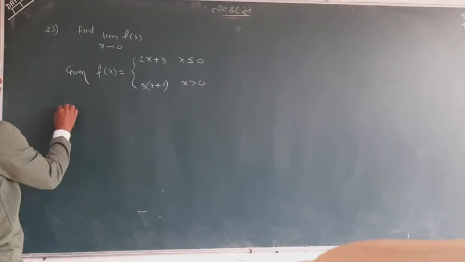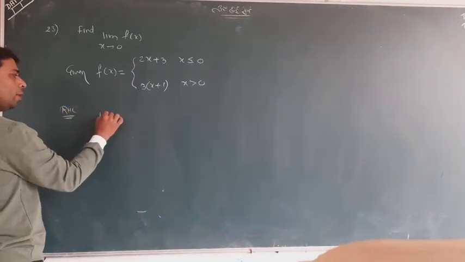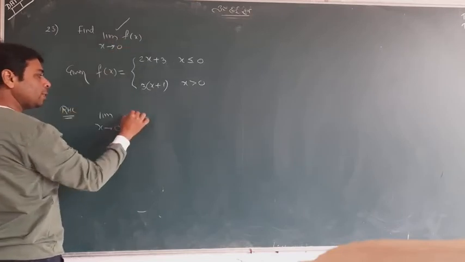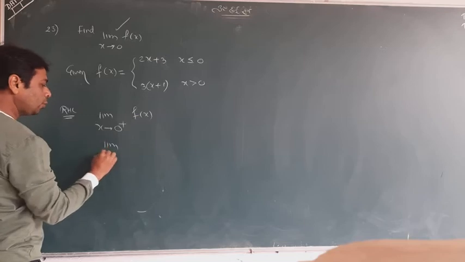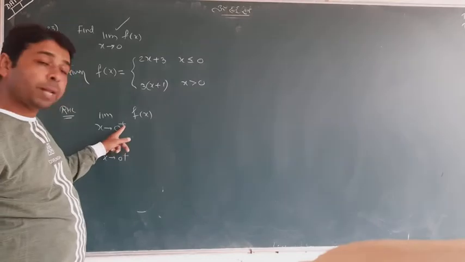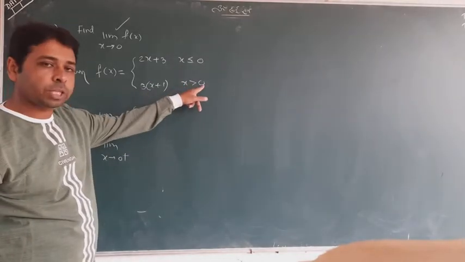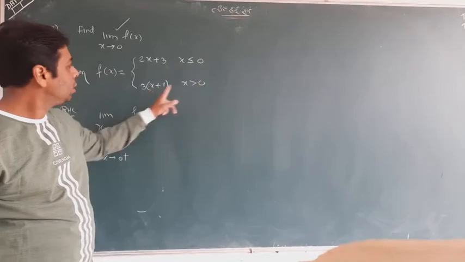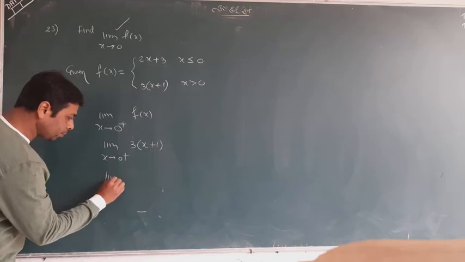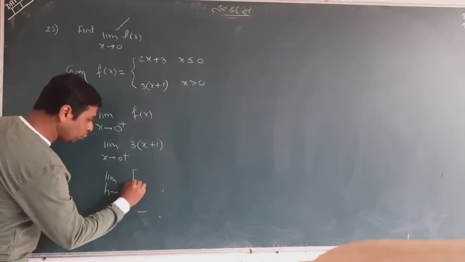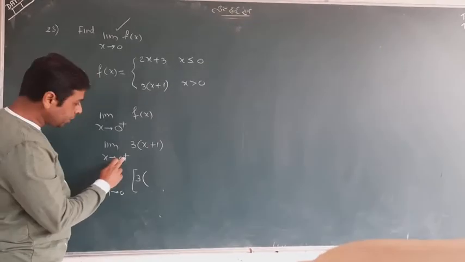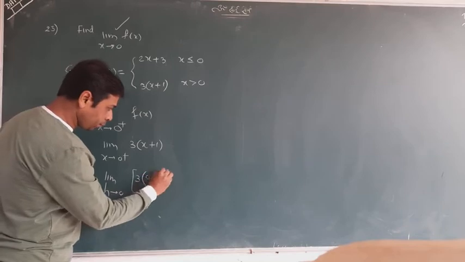So first of all, I take the right hand limit. The limit is x tends to 0, so I will write 0 plus. What will be the function? As I taught you, when 0 plus is taken, the condition x greater than 0 is used, so the function is 3x + 1. Now we change to h, the shortcut method I taught you: instead of x you write 0 plus h, then plus 1.